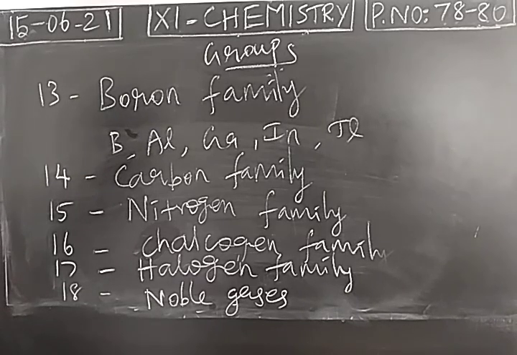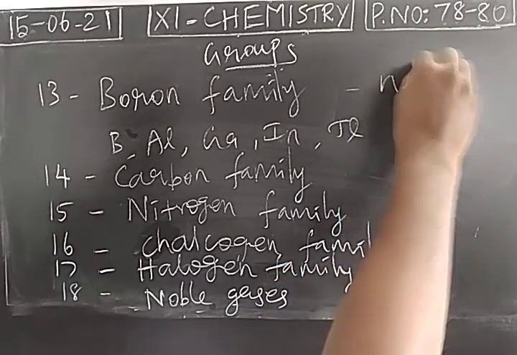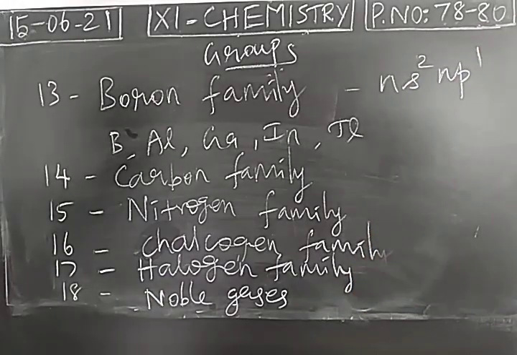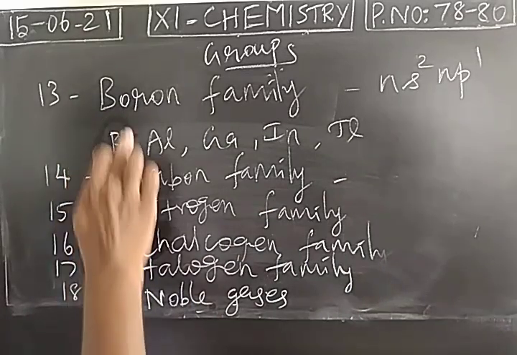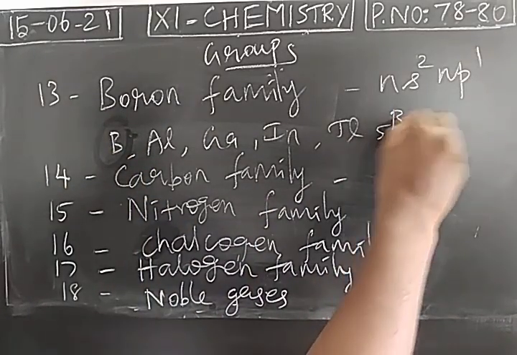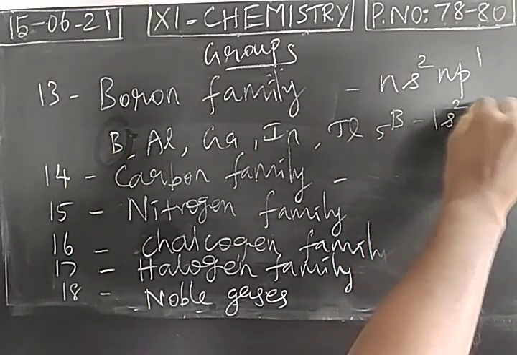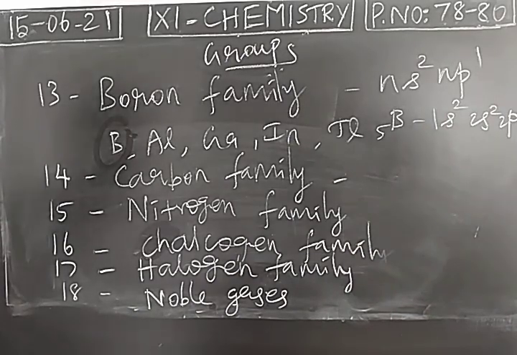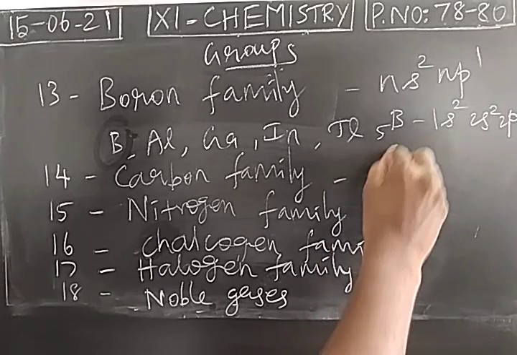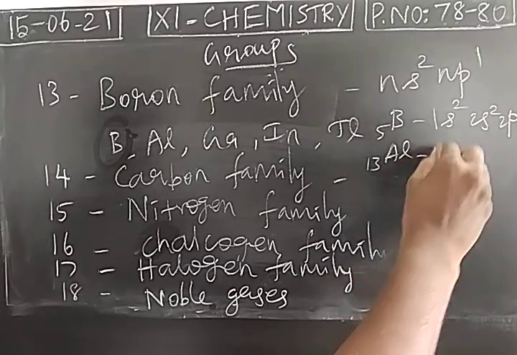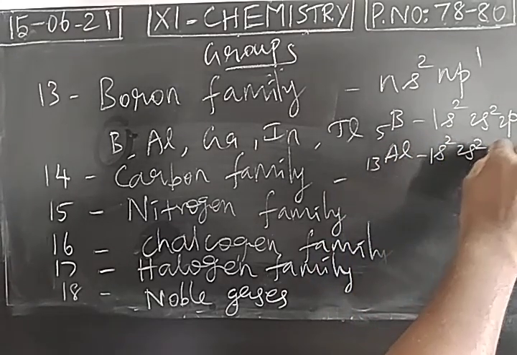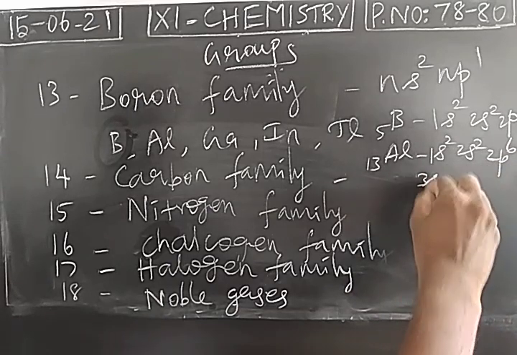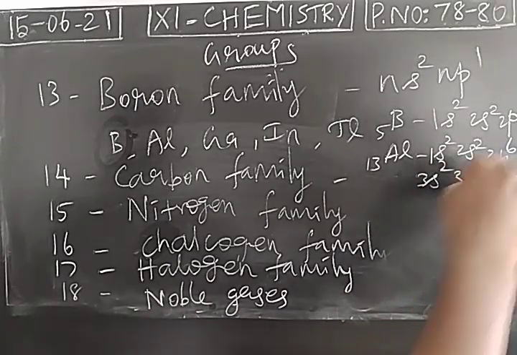And what is the outer electronic configuration? ns2 np1. You take boron, atomic number 5, 1s2, 2s2, 2p1. And you take aluminum, 13, 1s2, 2s2, 2p6, 3s2, 3p1.